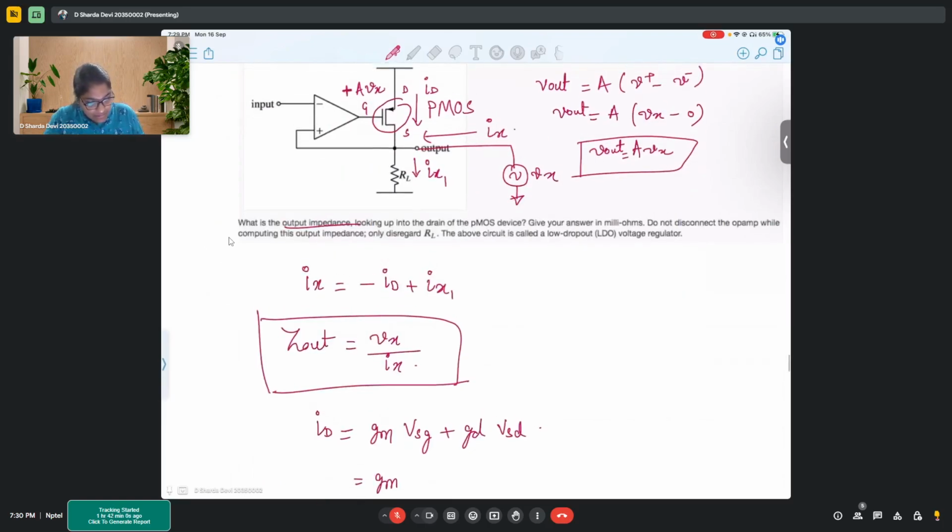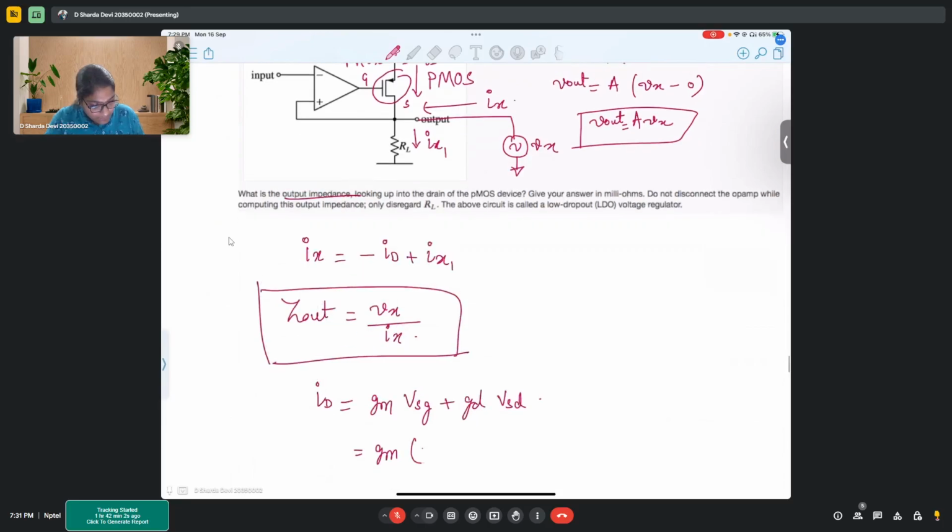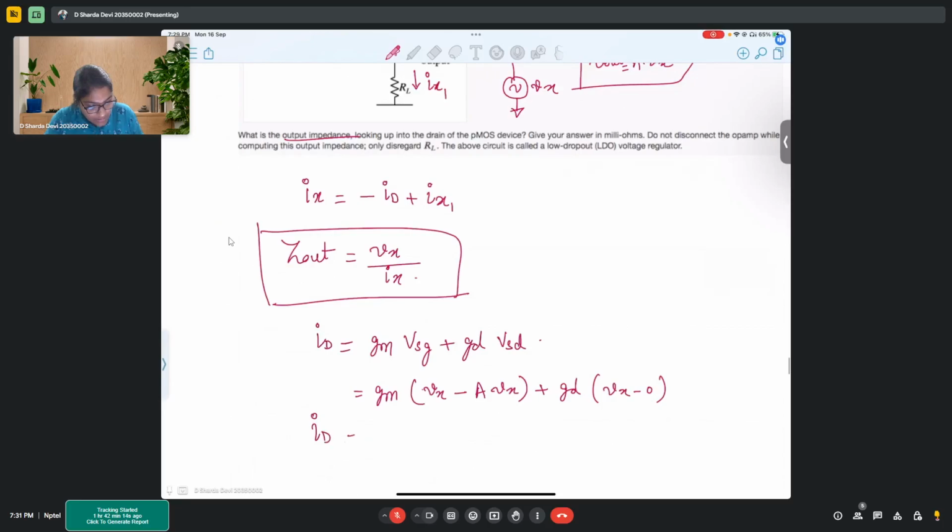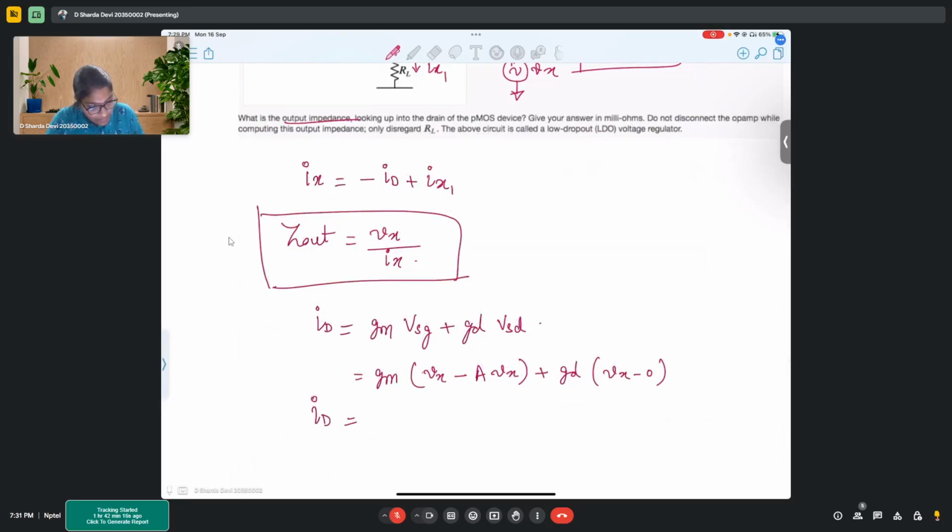So Vs is Vx. Here it is Vx minus Vg, is A times of Vx plus Vd, is Vs Vx minus 0. So ID is Vx Gm1 minus A plus Gd.